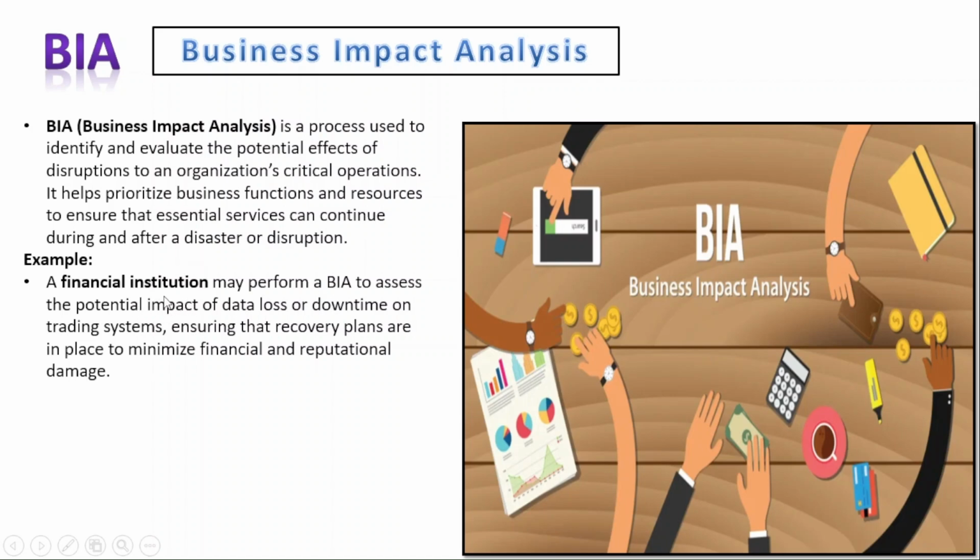Example, a financial institution may perform a BIA to assess the potential impact of data loss or downtime on trading systems, ensuring that recovery plans are in place to minimize financial and reputational damage.